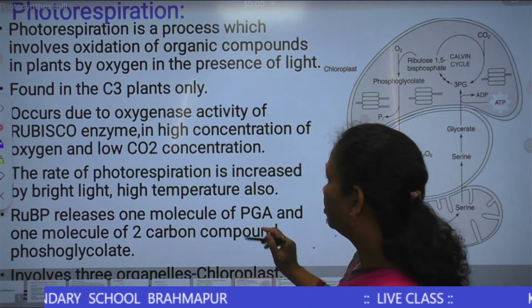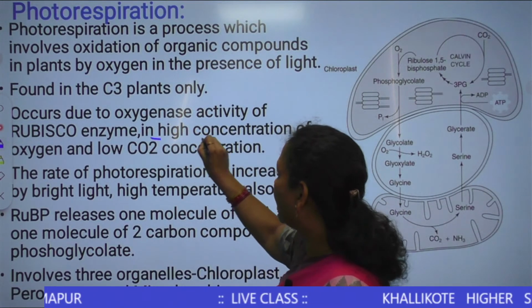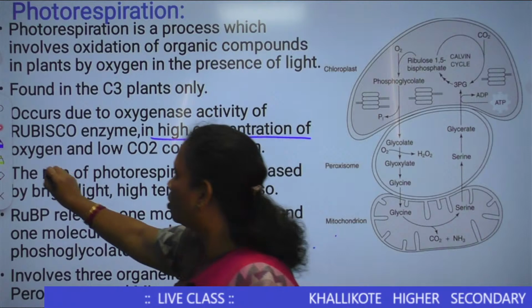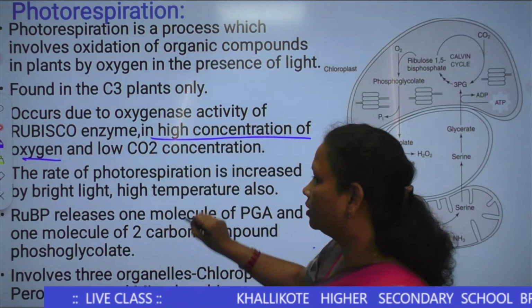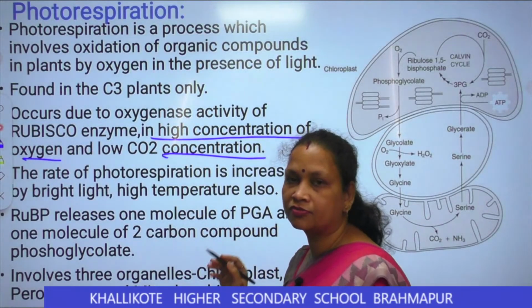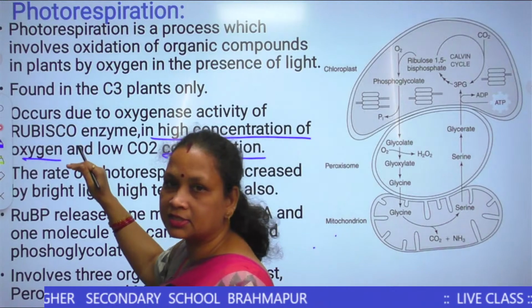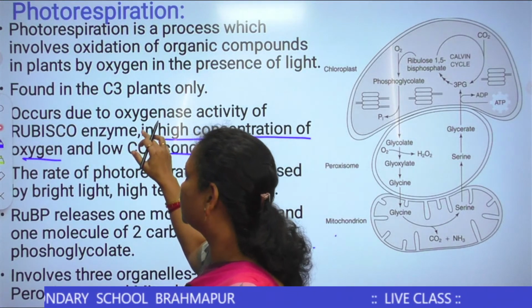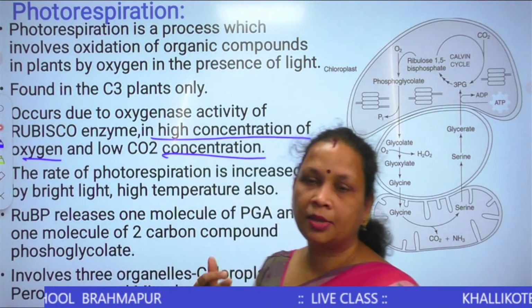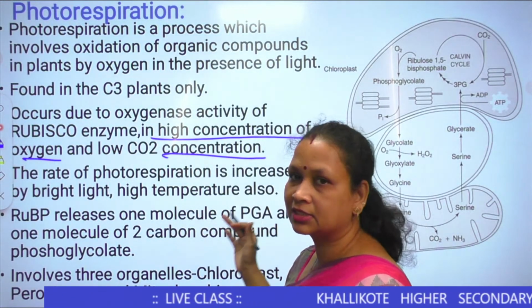So, oxygenase activity of Rubisco enzyme occurs in high concentration of oxygen and low CO2 concentration. When the concentration of CO2 is less and the concentration of oxygen is high, Rubisco behaves as an oxygenase enzyme instead of a carboxylase enzyme.